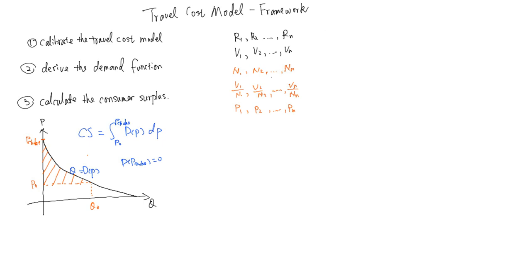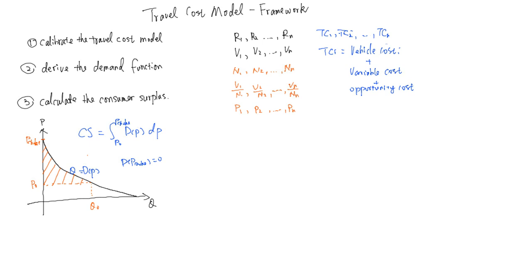What is our x variable? The x variable will be the travel cost, TC1, TC2, all the way to TCn. Travel costs could include vehicle costs. Let's say you want to rent a car, or you own a car but you have to pay insurance.